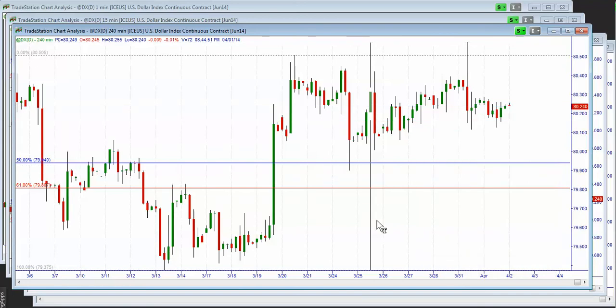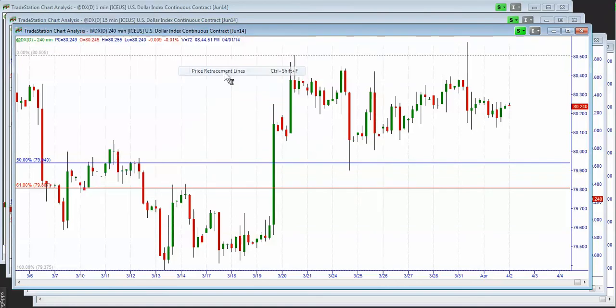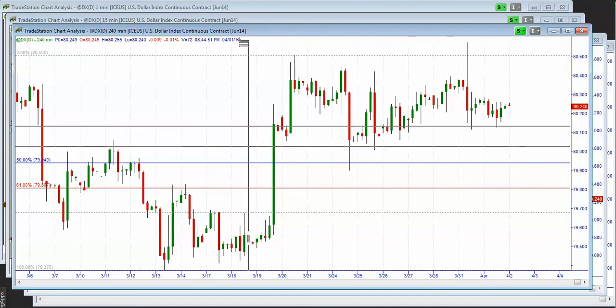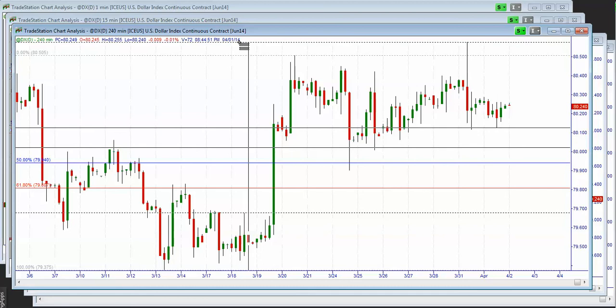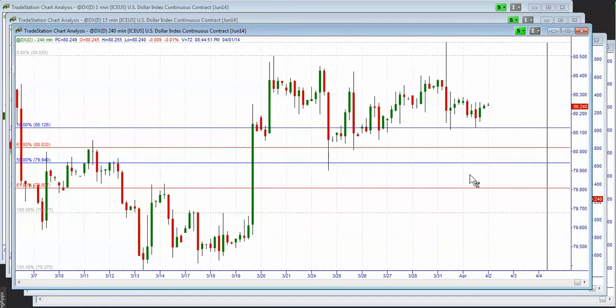So there is the old halfway back, and we can look at the previous lows to highs here, and as we can see, initially this level did not work, but at the moment the level where price is finding support is 80.12.